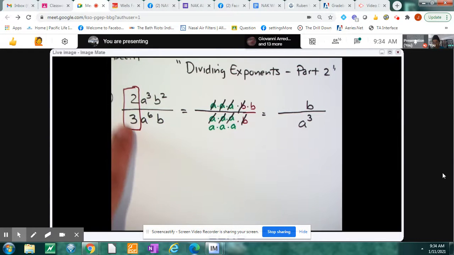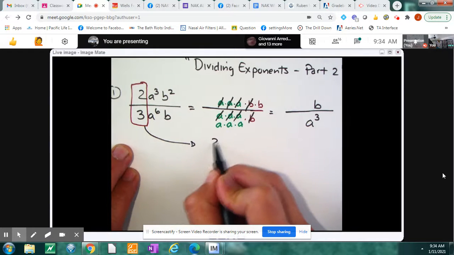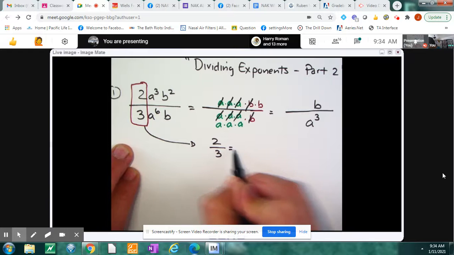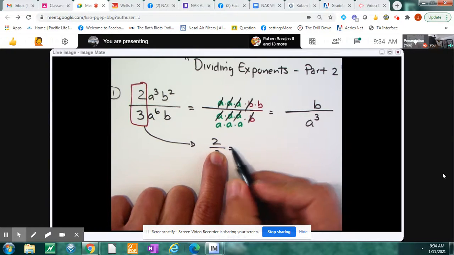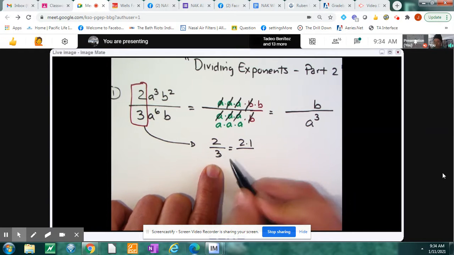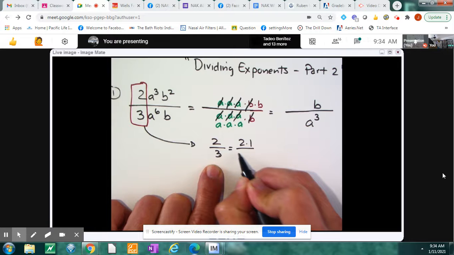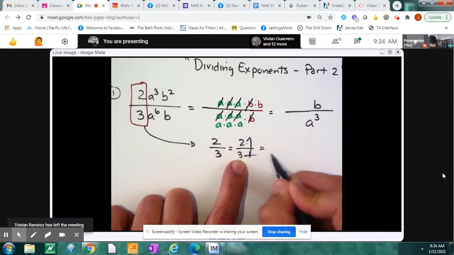Now, let's get the fraction. 2/3. Can I simplify that? Well, let's see. Can I do giant one? 2 is only 2 times 1. And then 3 is only 3 times 1, right? So I get the same thing.